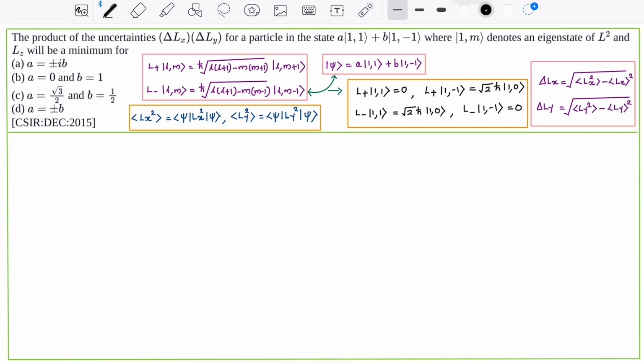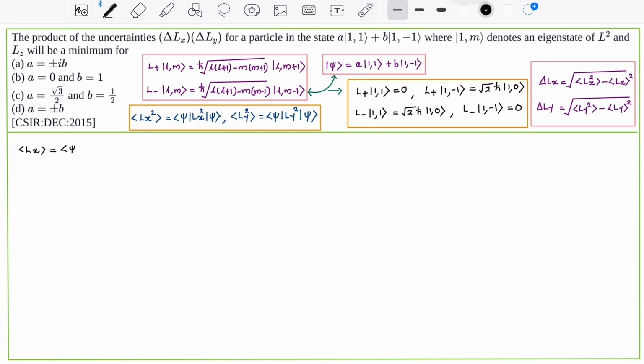Here we have to find the value of A and B for which the product of the uncertainties delta Lx delta Ly is minimum. Here the state is A|1,1> + B|1,-1>. Here 4 options are given. We have to choose the right option.